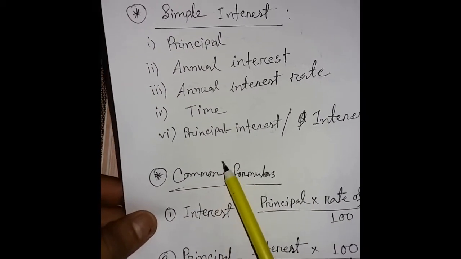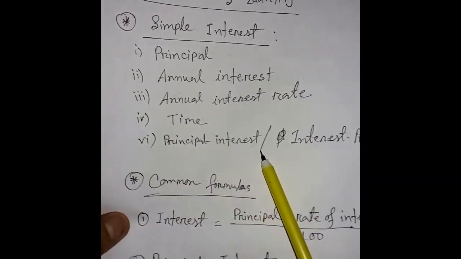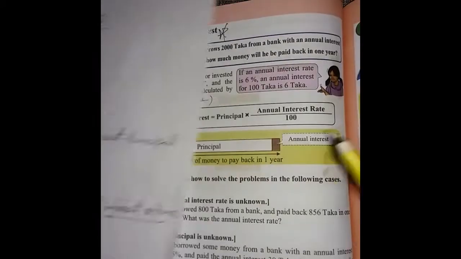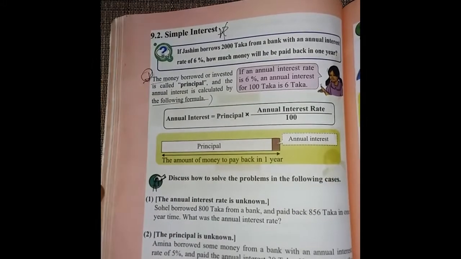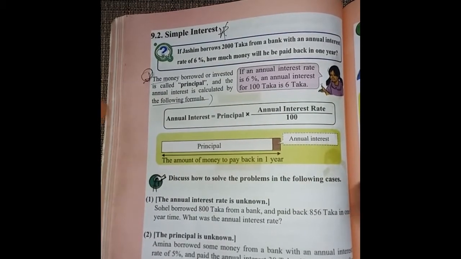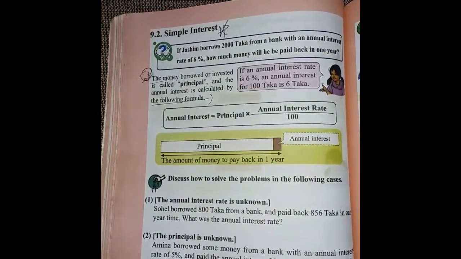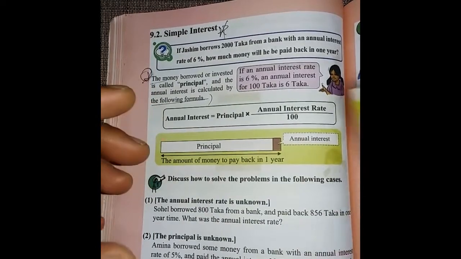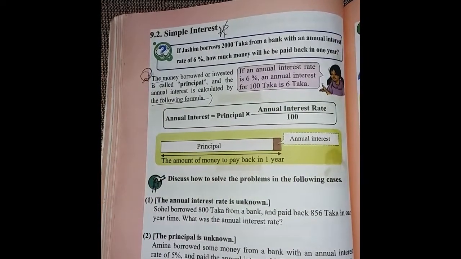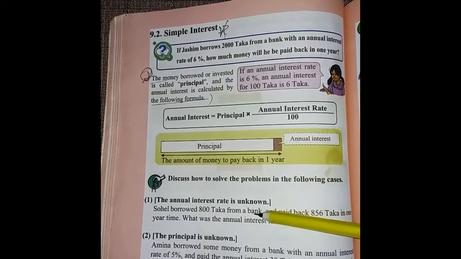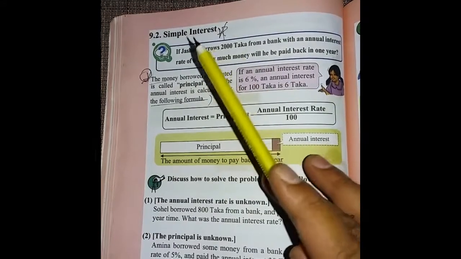So you can see another component, principal interest or interest principal. Whatever I say, it is how much you have to pay back. Pay back means principal plus interest. I said there's a 6% interest for 100 taka. If you want to pay back after 1 year, then you have to pay back how much? 100 taka for principal, and 6 taka for interest.